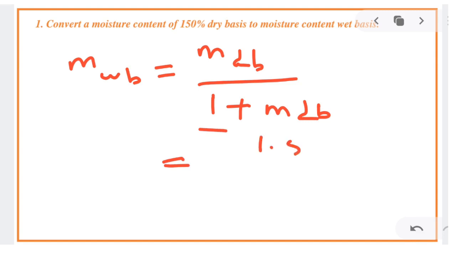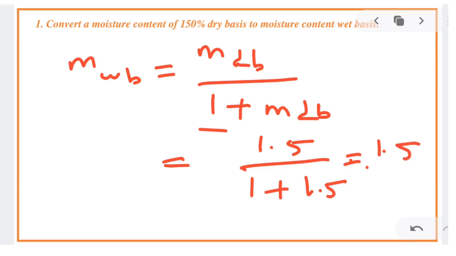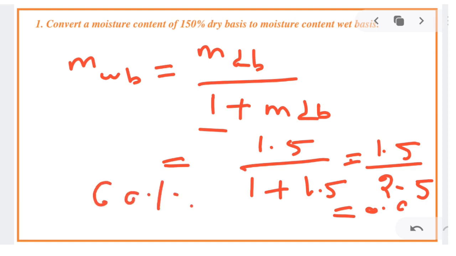So 1.5 divided by 1 plus 1.5, that is 1.5 divided by 2.5, that is 0.6. If you multiply by 100, you will get 60% moisture content on wet basis.